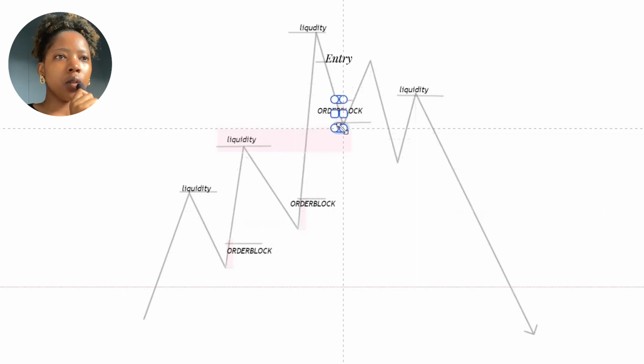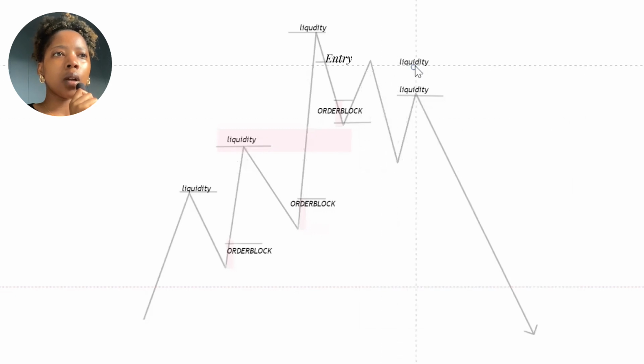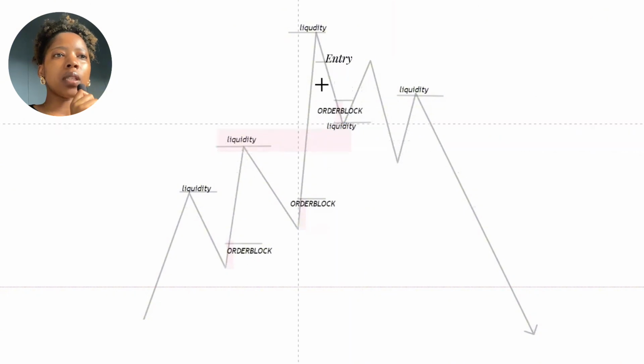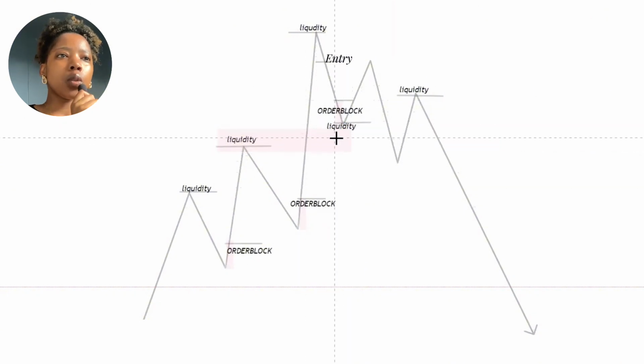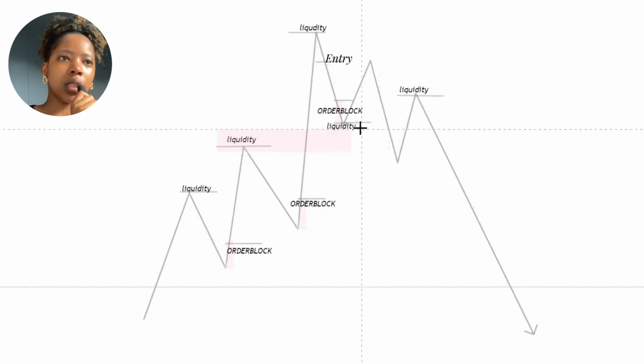You just do that for you. Your chart is clean. There is not a lot going on. Liquidity. So when they close that liquidity based on that leg, they will do what? Right? Come down and close the liquidity.